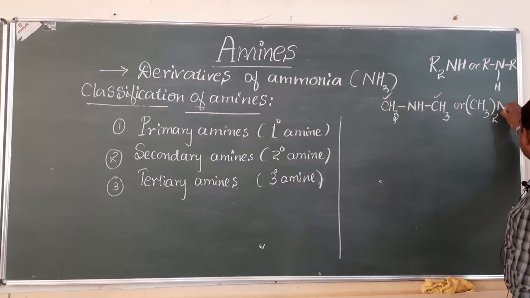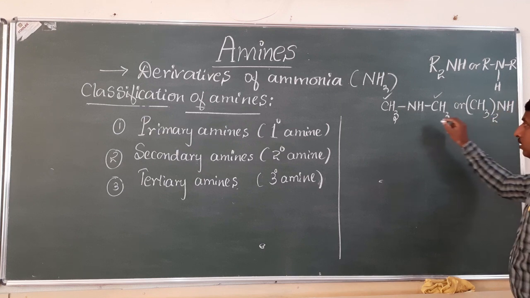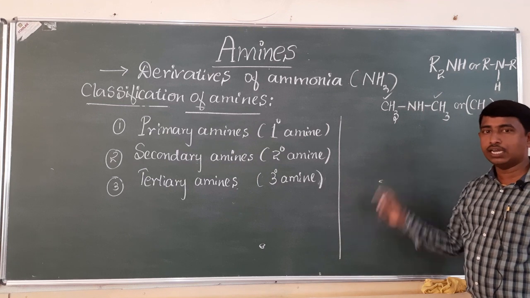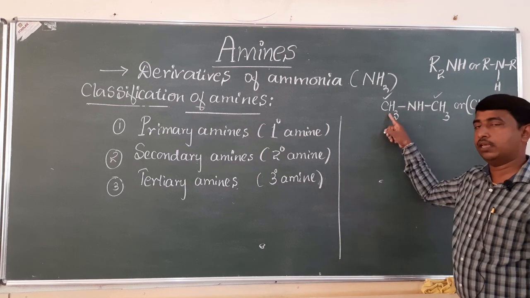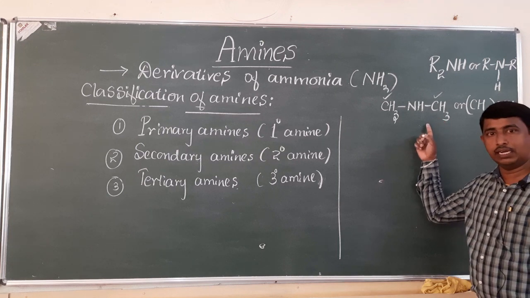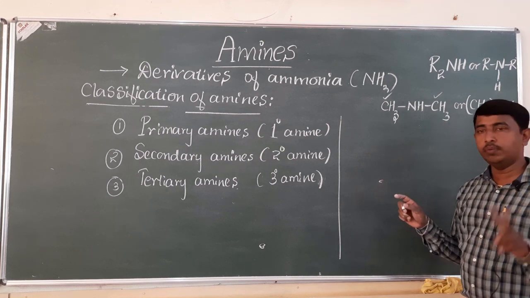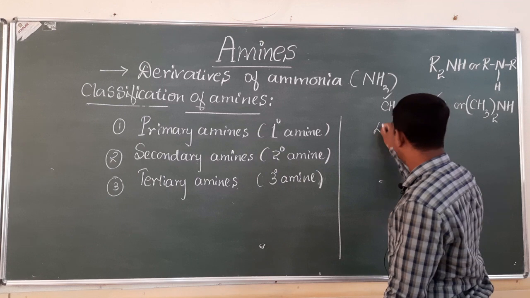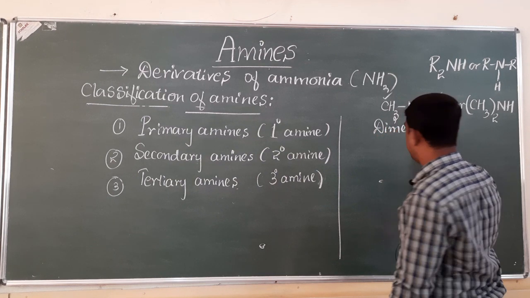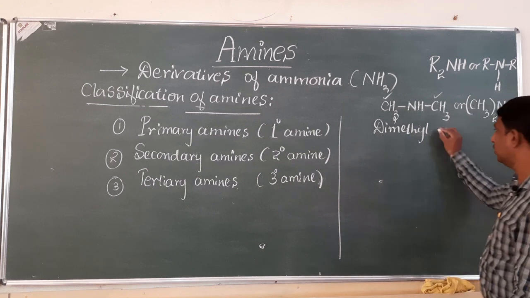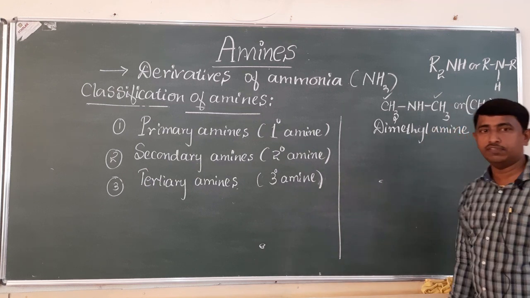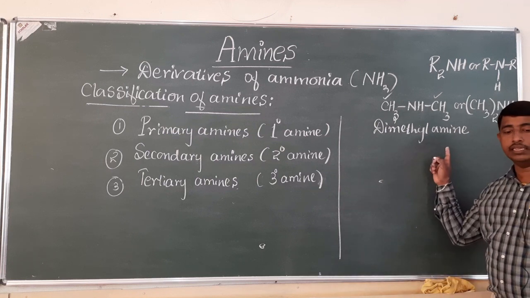CH3 is named as methyl group, and this is also a methyl group. So there are two methyl groups in total. So I write dimethyl, and I have to add the word amine. The name of this compound is dimethylamine.